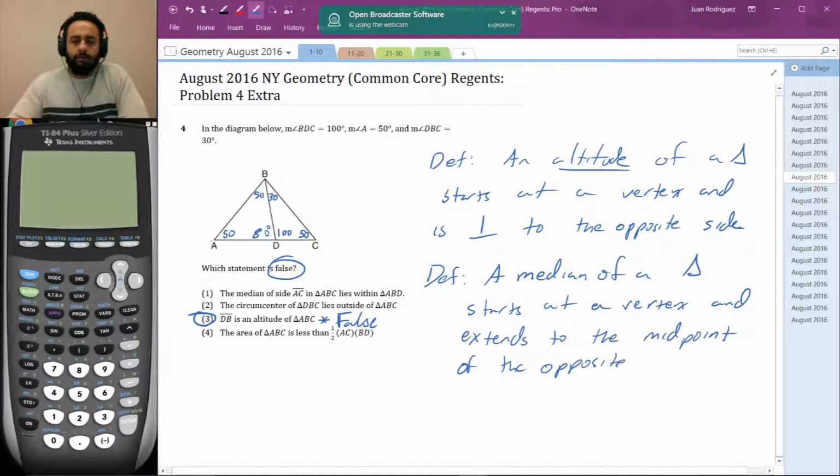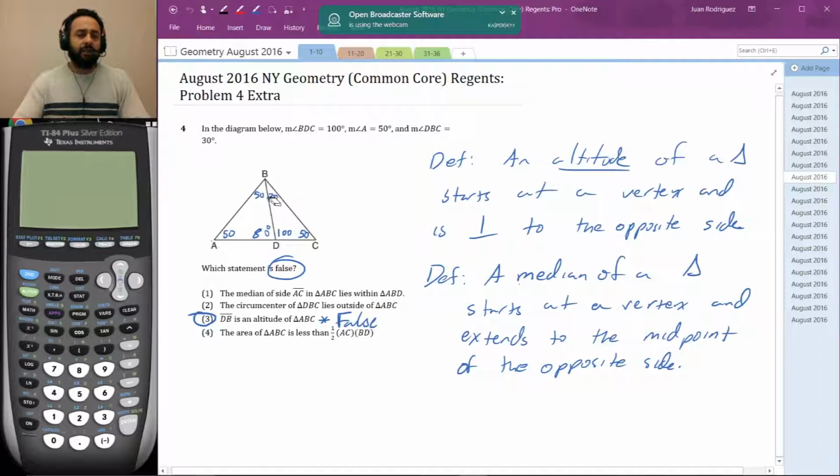Now, if we look at triangle ABC, angle A and angle C are congruent, which means that triangle ABC is isosceles. So a median of triangle ABC would have to bisect angle B. But in fact, it does not. This angle ABD is 50 degrees, angle DBC is 30 degrees.